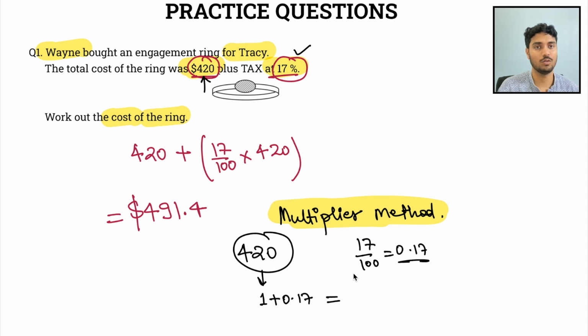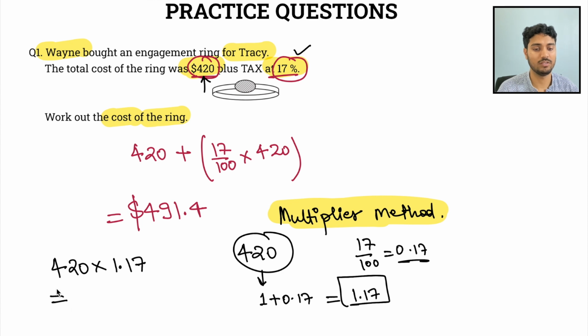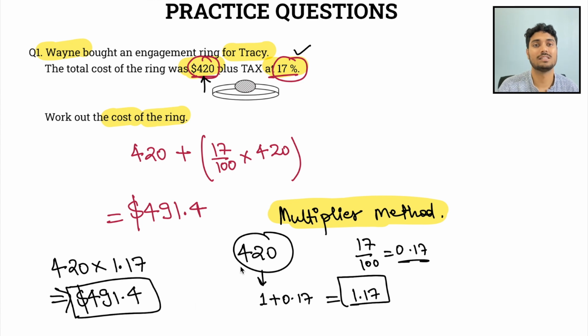This is just for understanding. You can do this mentally very quickly. So 1.17 is the multiplying factor now. So you just simply have to multiply 420 with 1.17 and you will definitely get $491.4 again. So this is an easier method.